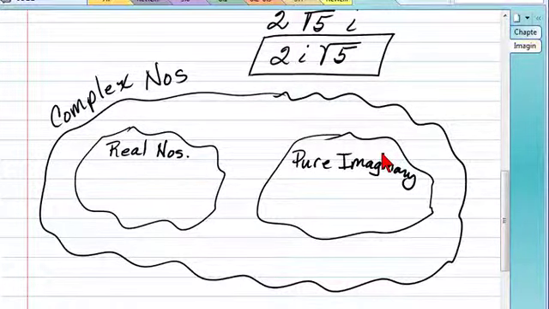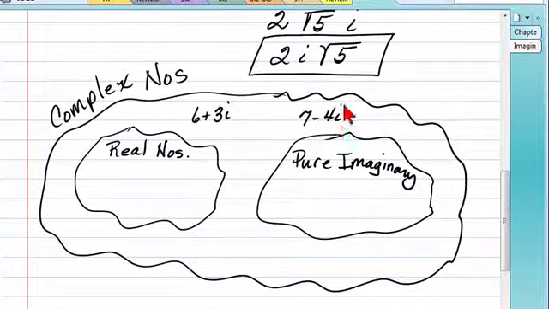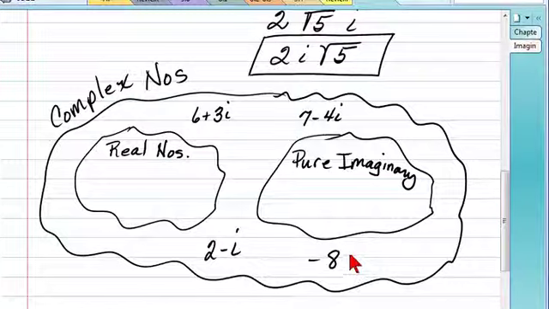And what the other complex numbers have is a real part and an imaginary part. And it looks kind of weird. They have, perhaps, 6 plus 3i, 7 minus 4i, 2 minus i, -8 plus 4/3 i. Those are examples of complex numbers.